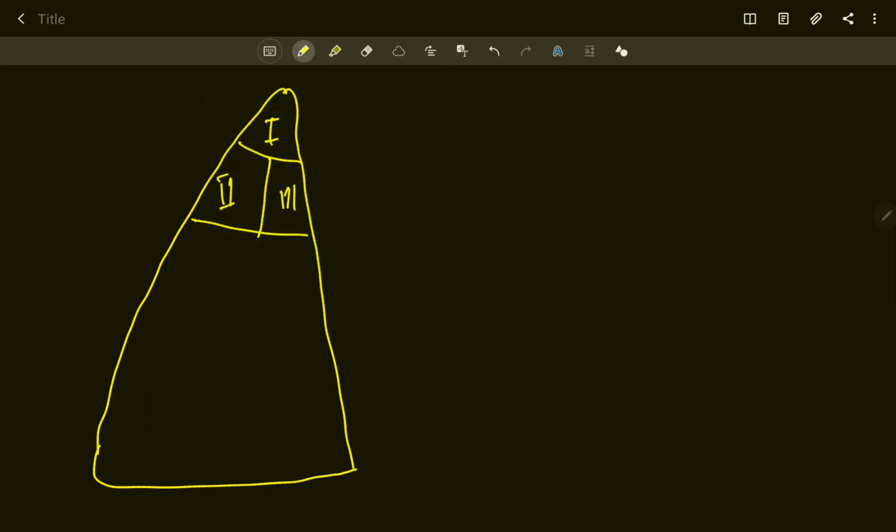Now you can see segment 4, segment 5, and you can see segment 6 here.